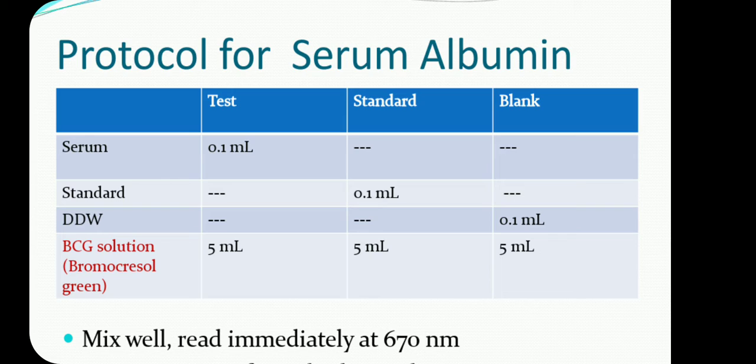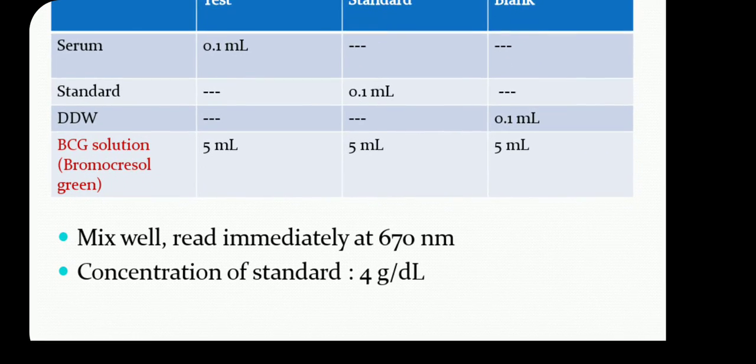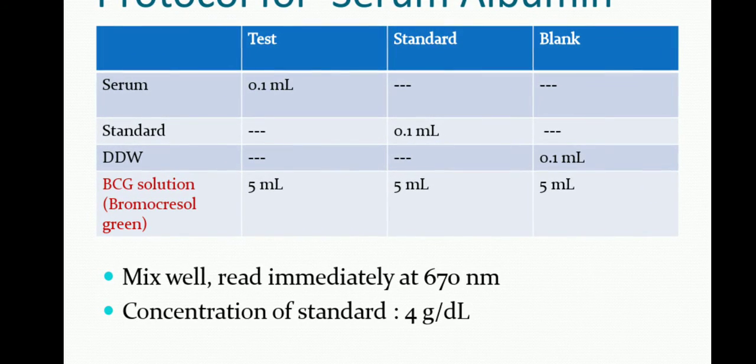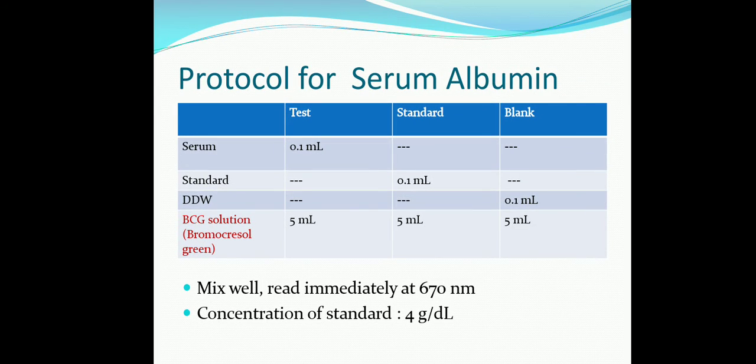And in blank we take 0.1 ml of double distilled water and 5 ml of BCG solution. Mix well and immediately read at 670 nm. The concentration of standard taken here is 4 gram per deciliter.